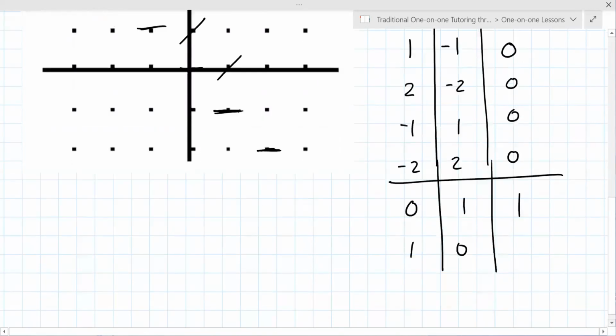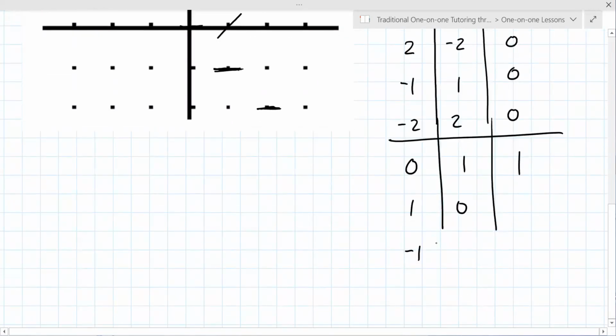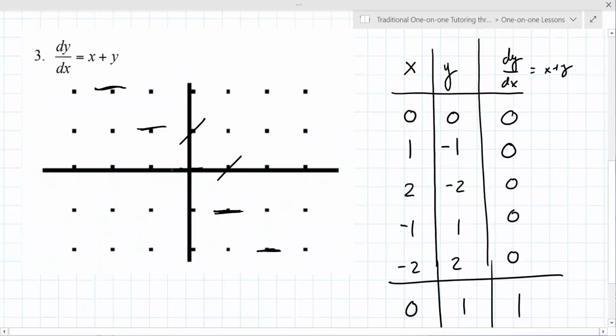For example, -1, 2 is also going to have that. Maybe you're seeing the pattern here, and that's how you do them faster. You can do them point by point, but it's very slow because you want to be able to draw a few of these. So the other one is where's the slope -1?